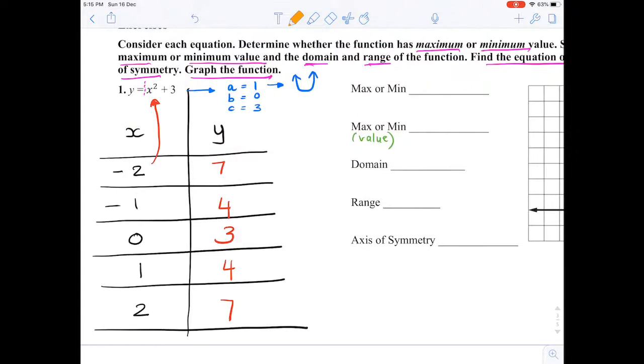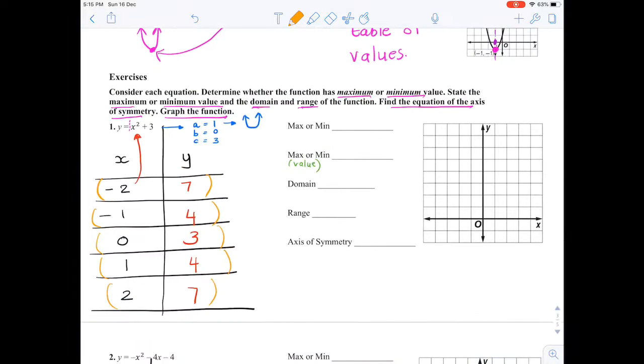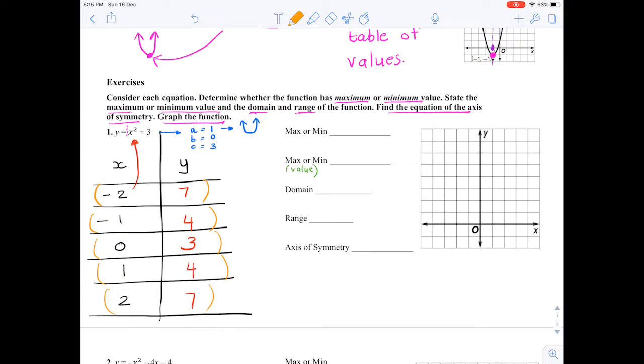Remember, the purpose of this is to get a whole bunch of ordered pairs. So let's go from our table of values straight to the graph before we answer the questions that were asked. So when x is negative 2, y is positive 7; negative 1, positive 4.